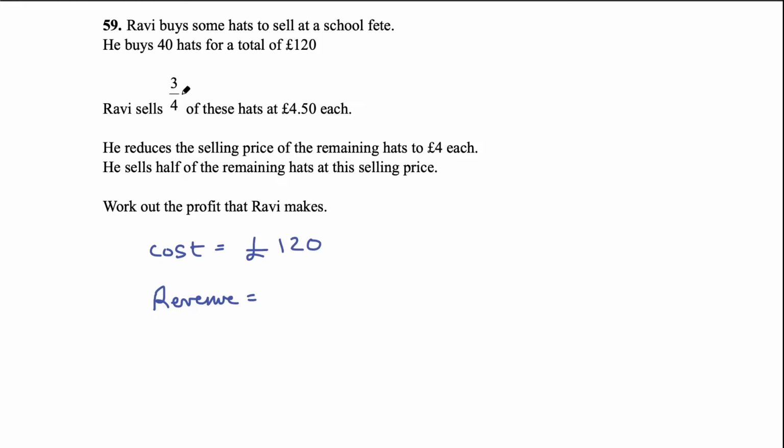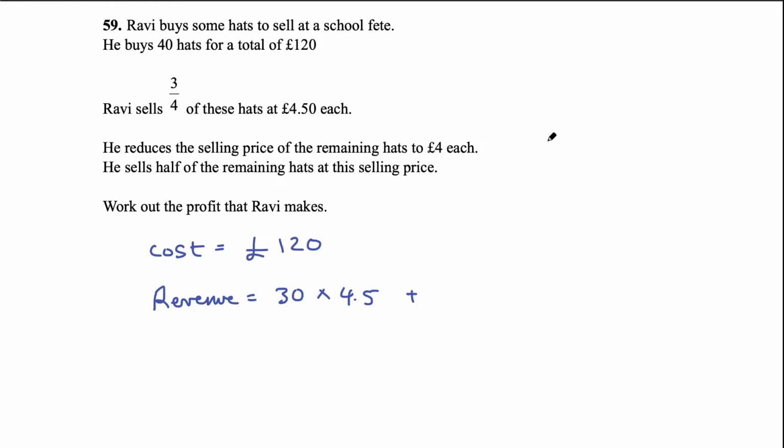So this is going to be 3/4 of 40 is 30. And he sold them for £4.50 each. So 30 times £4.50. And then we need to add on the other hats he sold. So he reduced the price to £4 and he sold half of the remaining hats at this selling price.